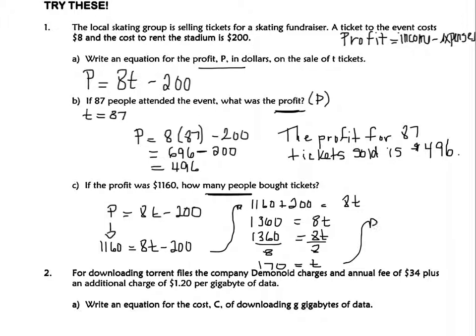So that means that for a profit of $1,160, 170 tickets were sold, which basically means 170 people bought tickets.